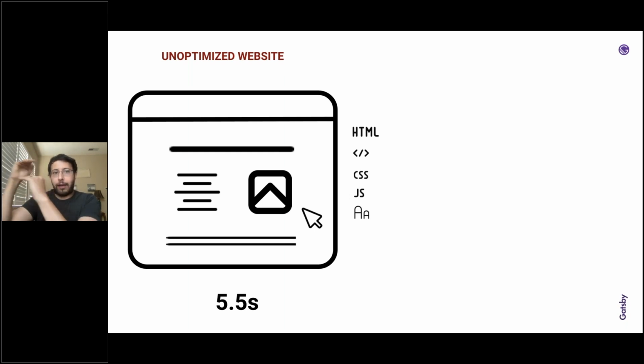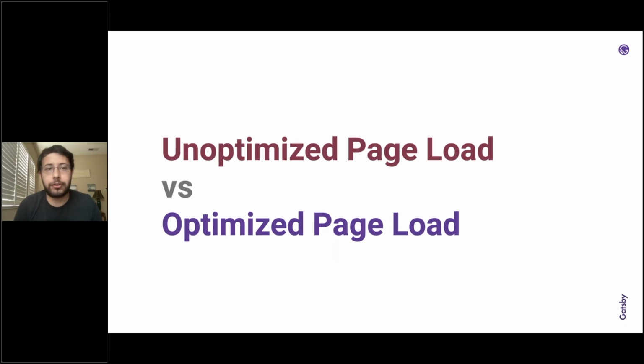So if it takes a half second to get from LCP to interactivity, then that's less opportunity for a high first input delay versus more opportunity for there to be a high first input delay if we have larger gaps between largest contentful paint and full interactivity. And that's again related to the size of the JavaScript bundles that you're parsing. We're going to get into exactly all these different points later.